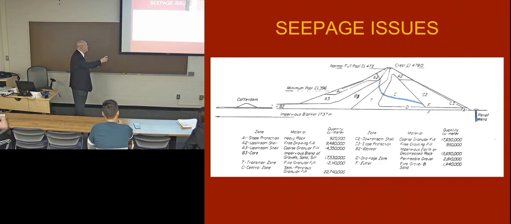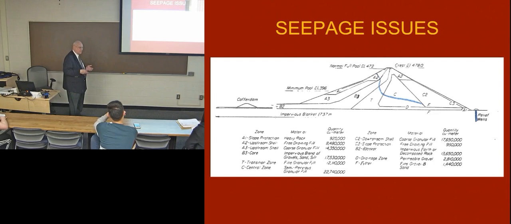Now, notice here, impervious blanket. It goes 1,737 meters upstream. Why do we want to cover the riverbed with a blanket that far upstream? We want to control the flow net. What is the flow net made up of?